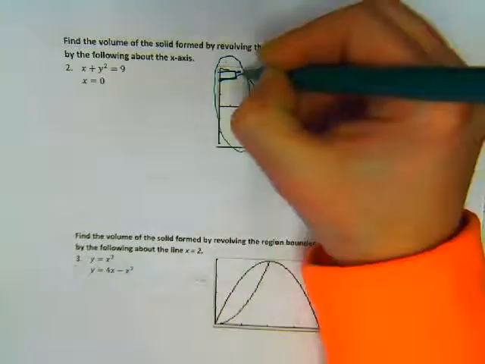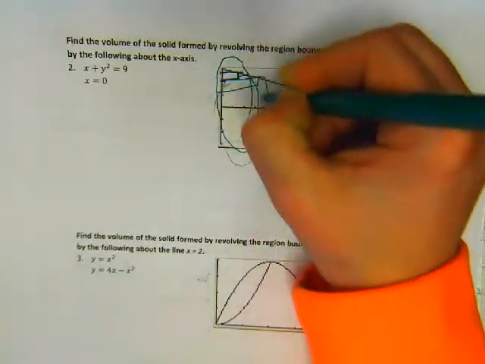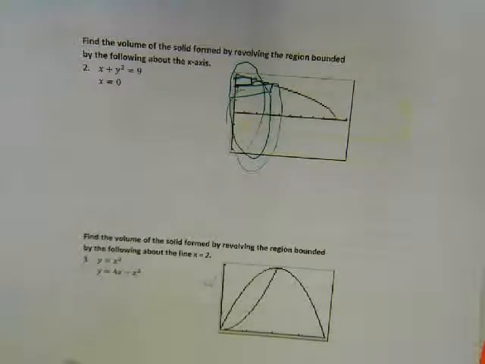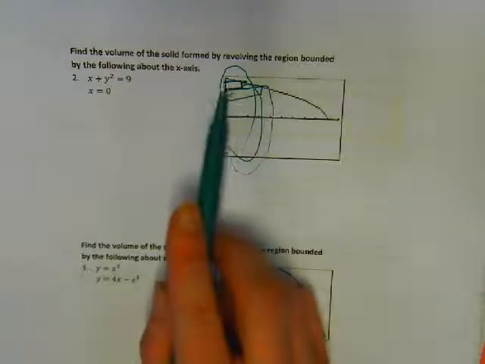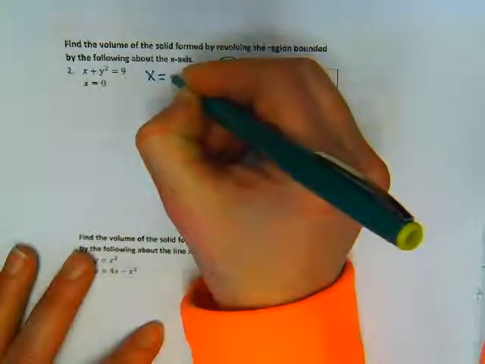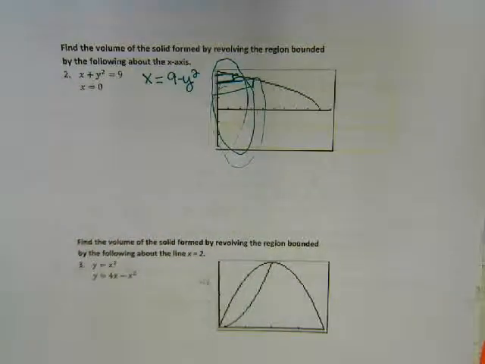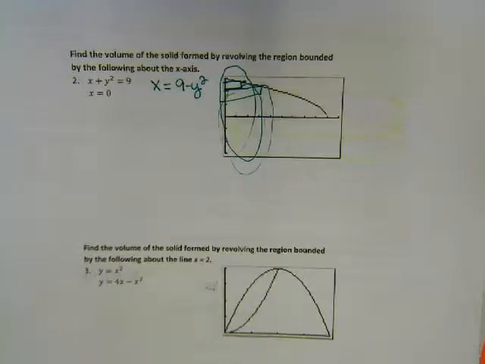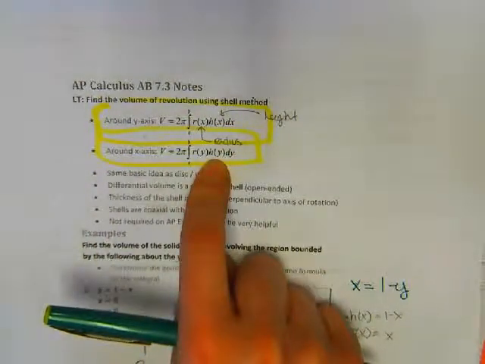And so when I'm coming up with the height of my cylinders now, they are written in terms of x, right? So I'm going to write this as 9 minus y squared. Are you all okay with that? If you flip back to the beginning page, when we rotate around the x-axis, I have indicated that these are going to be written in terms of y. Their height is going to be in terms of y.